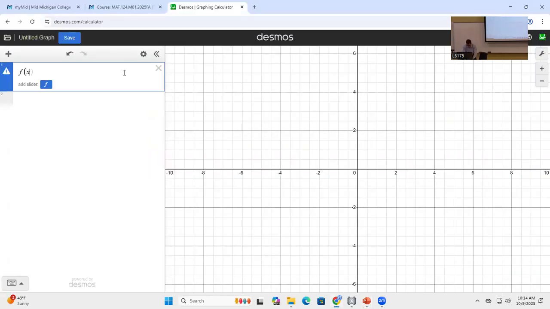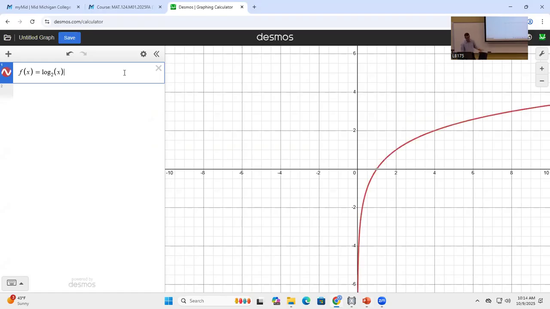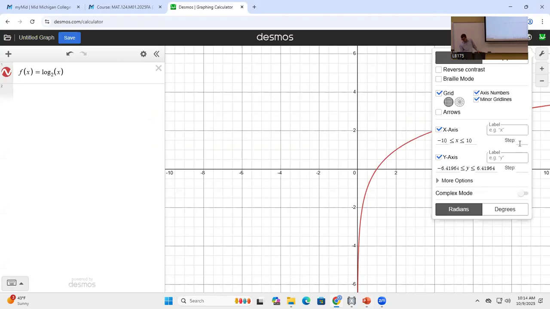Let's take f of x is equal to log base 2 of x. Right? So log base 2 of x has this graph.